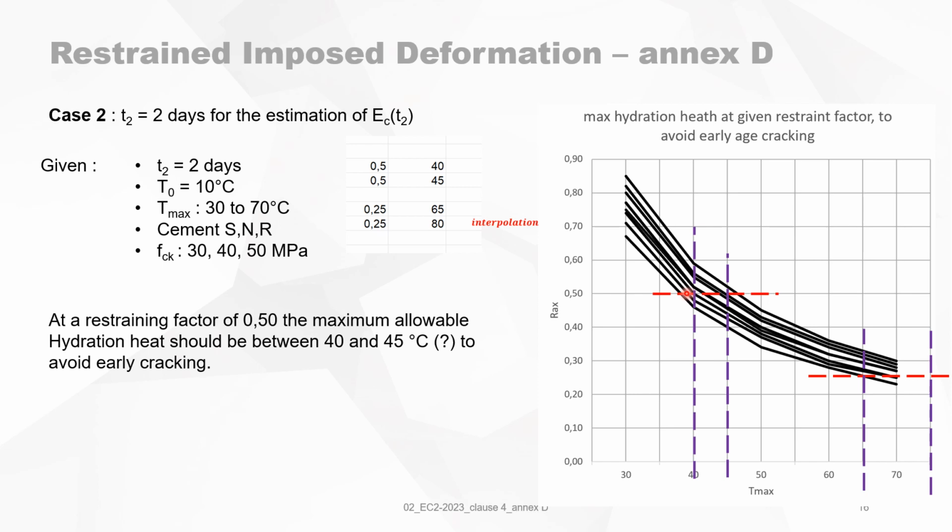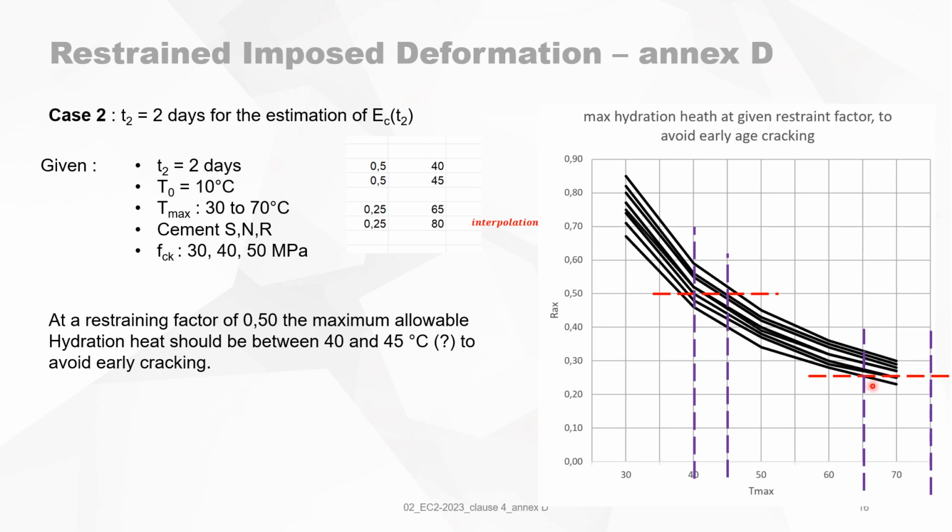So it means, again, even with this case 2, you will always have a cracking risk bigger than 1 with a restraint factor of 0.5.